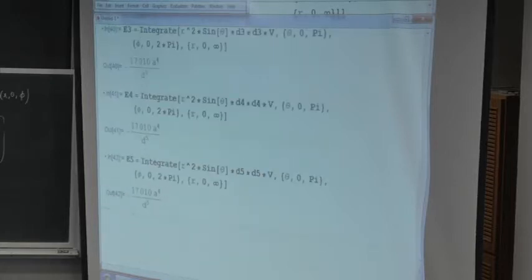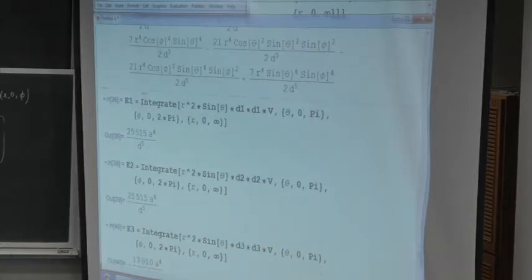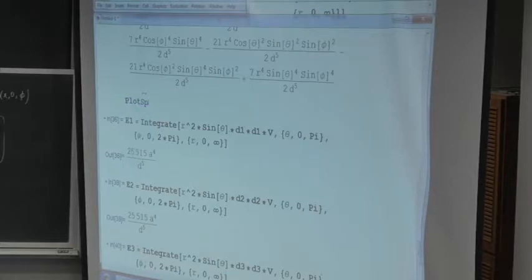By the way, I would also like you to see how these orbitals look. If I plot spherical 3D, I should really plot the probability densities. So I plot d1 times d1.